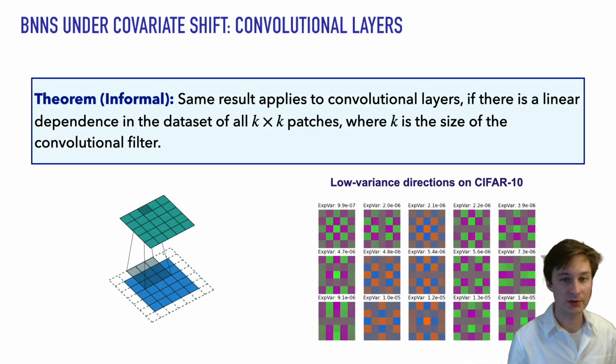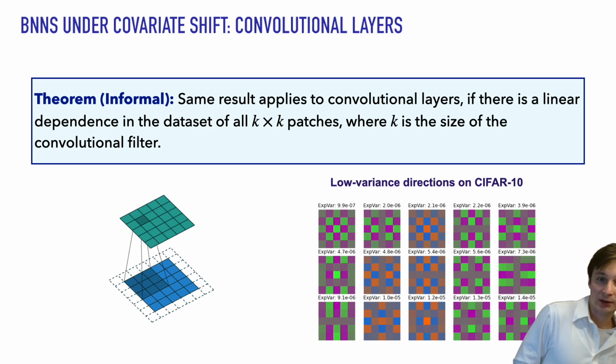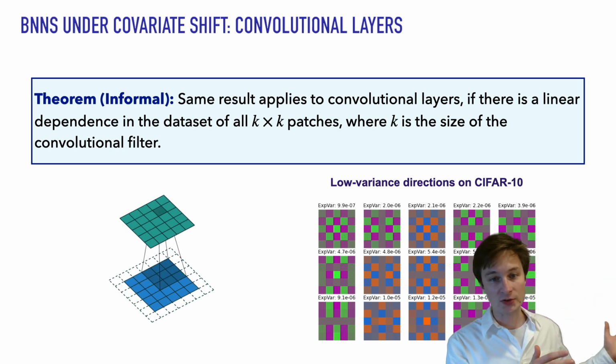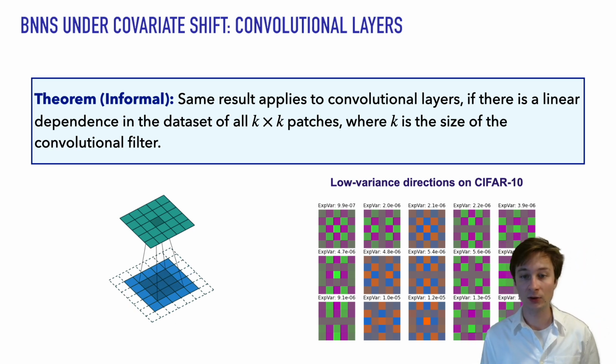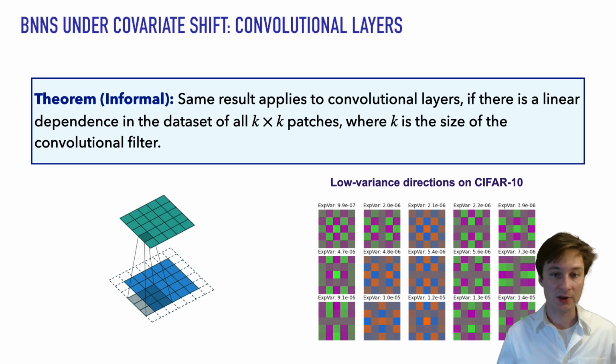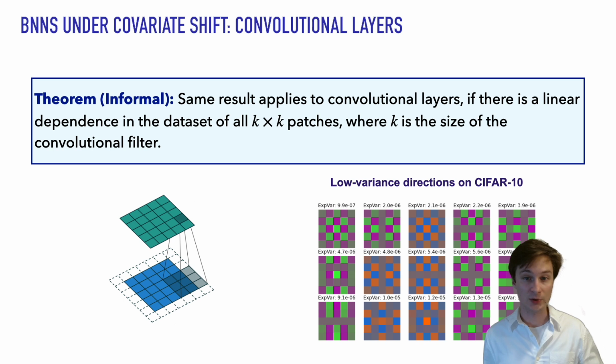We can also generalize this to convolutions in a very simple way. We can consider the dataset of all the patches in the images that interact with the convolutional filters in the first layer of the model. So let's say all of the 5x5 patches in the input images.